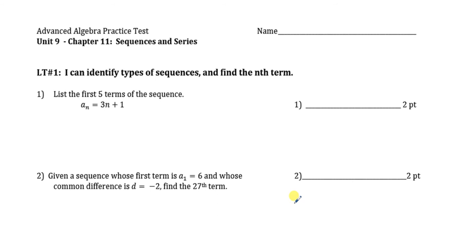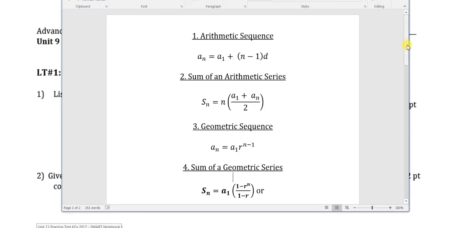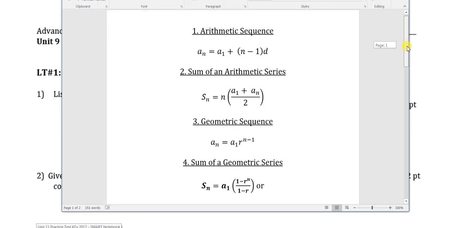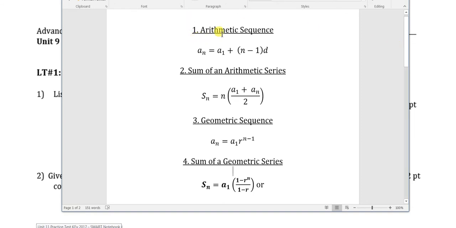Along with the video, I'm going to reference this formula sheet that I handed out in class. If I say use formula number 1, it's referring to arithmetic sequence. The sum of an arithmetic series would be formula number 2.